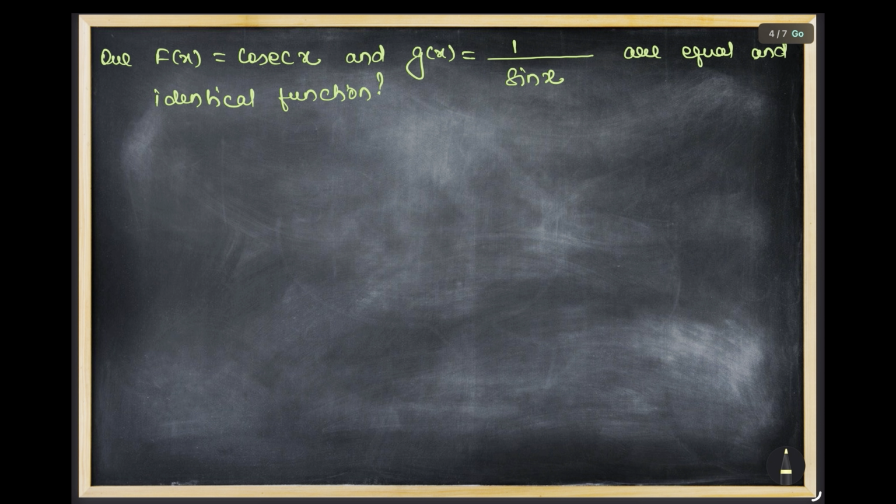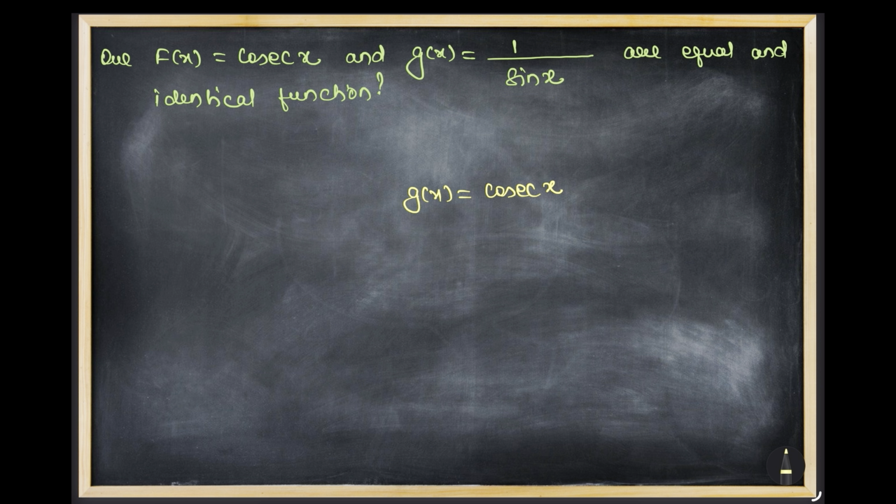Here if you observe now, again you will feel that, sir, look at this now, your g of x is equal to cosec x only. So almost the same. Now look at the domain. The range would be the same, and the graph will be the same, but look at the domain. If you observe, we will have a problem where sine becomes 0.